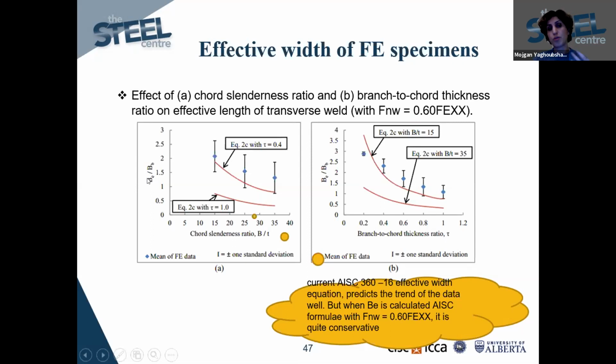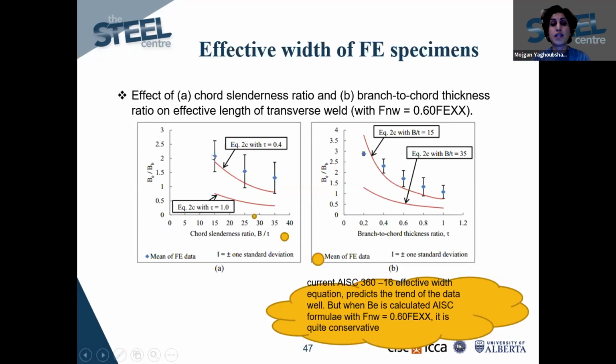So again, a normalized value of the B effective was represented based on the chord wall slenderness, and these are what were obtained based on the finite element, and these are based on the AISC formula.